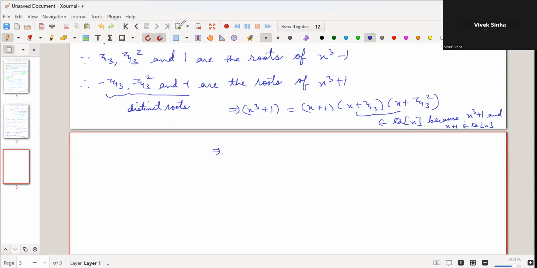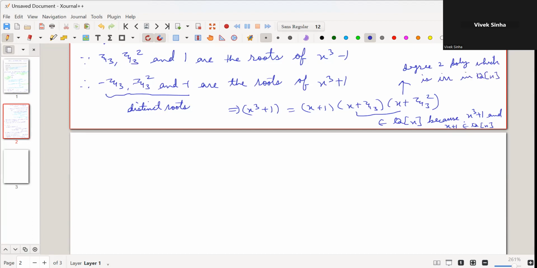Yes, this is a degree 2 polynomial also. You even need not solve this explicitly. This is a degree 2 polynomial, right? Because here degree 1, which is irreducible in Q[x]. Why?